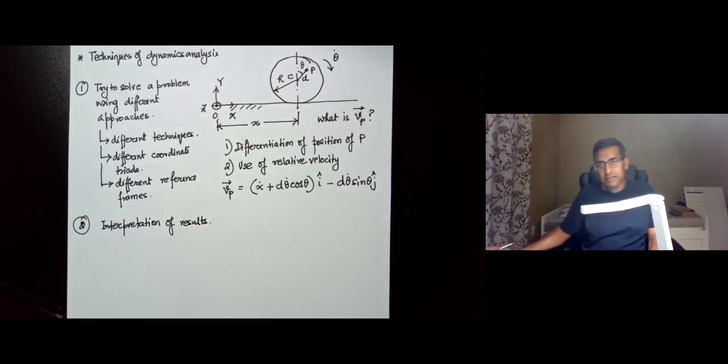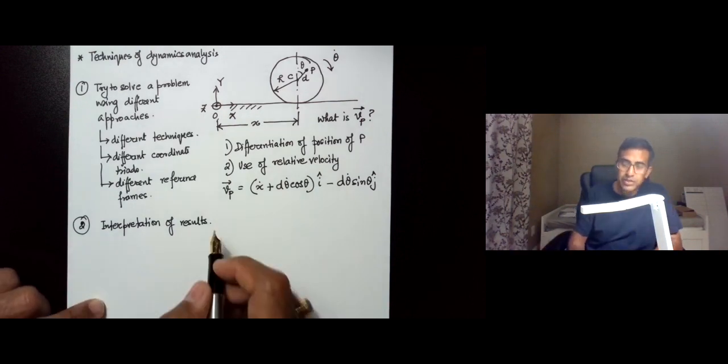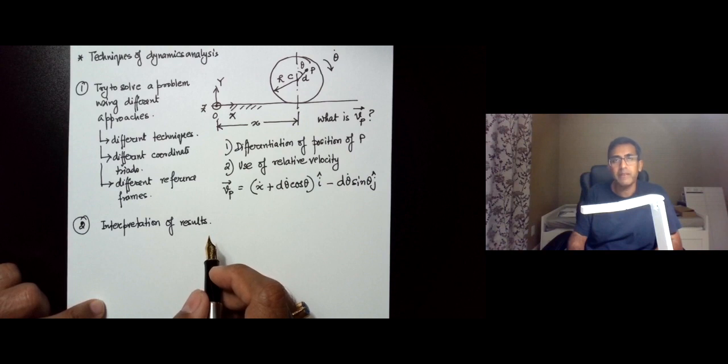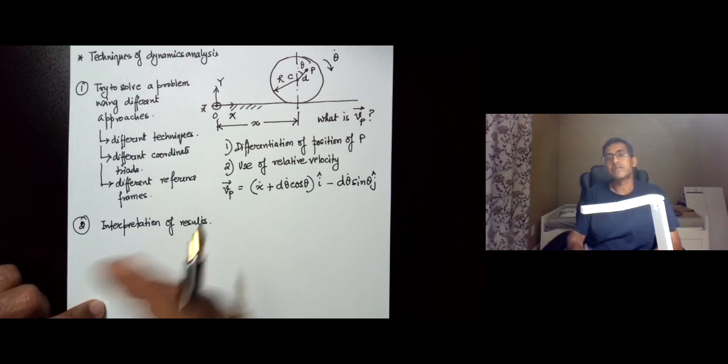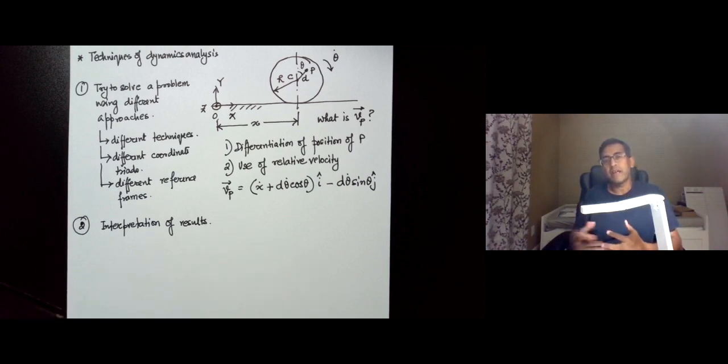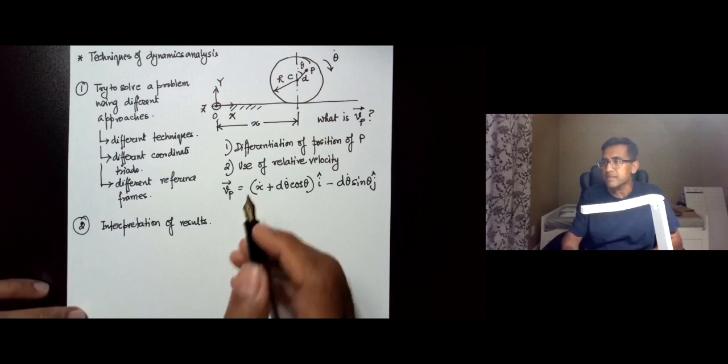For students that are serious about dynamics, that want to get a very clear understanding of dynamics, I think interpretation of results after solving a problem is a very important part. So it's not about just finding the result and maybe matching the answer with the answer given at the end of the book and that's it, but you should try to see what the result is telling us, right?